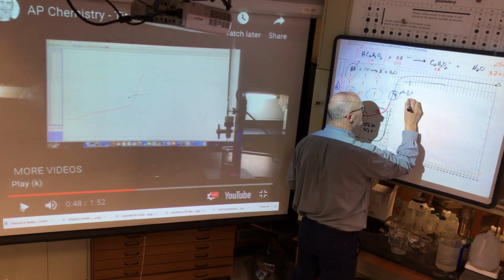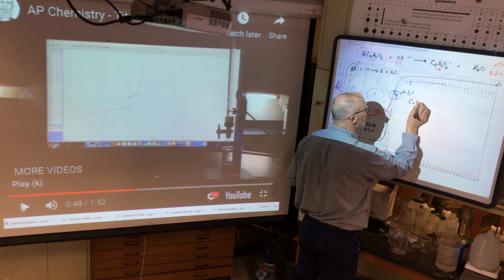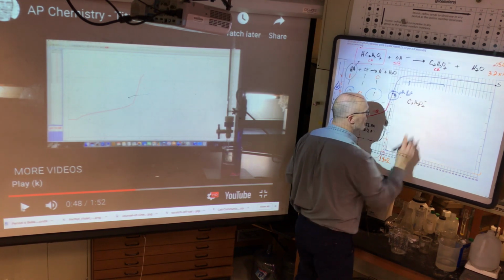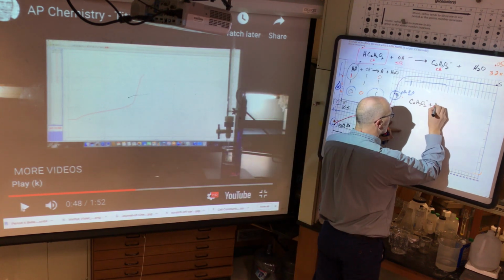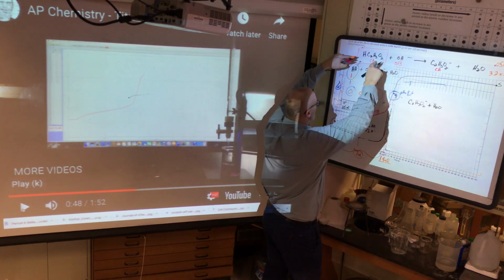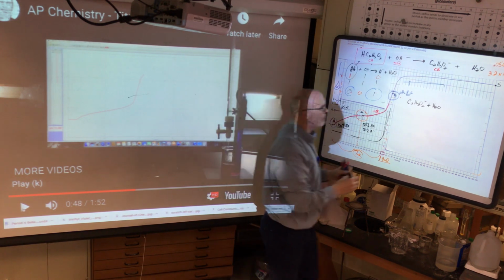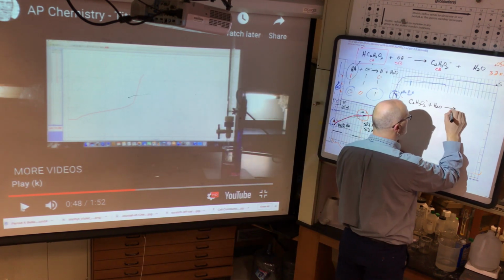Let's write that. So we have C2H3O2 negative. It's sitting in water. So we write it in water. Kind of like what? This sitting in water, okay? And what's the conjugate base going to do?